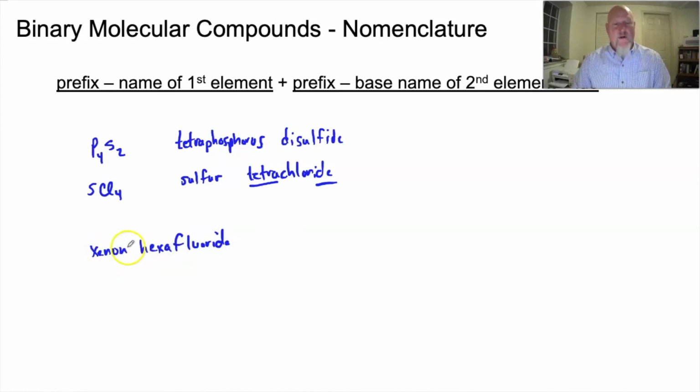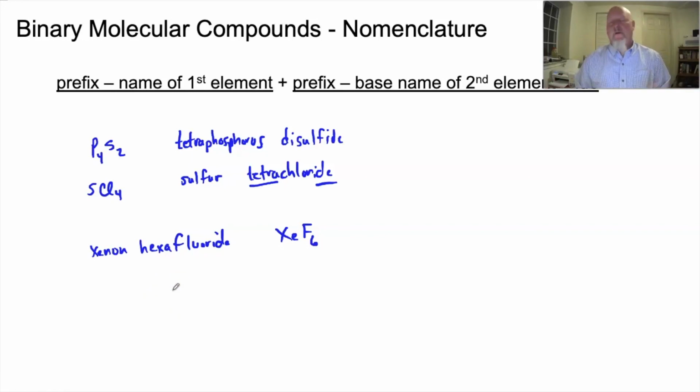Okay, so these are not proper names, so they're still lowercase. So xenon, there's no prefix in front of it, so that must mean I only have one of them. Hexa means 6, and fluoride is fluorine. XeF6. So your first thought is like, well, xenon's a noble gas. It shouldn't react.